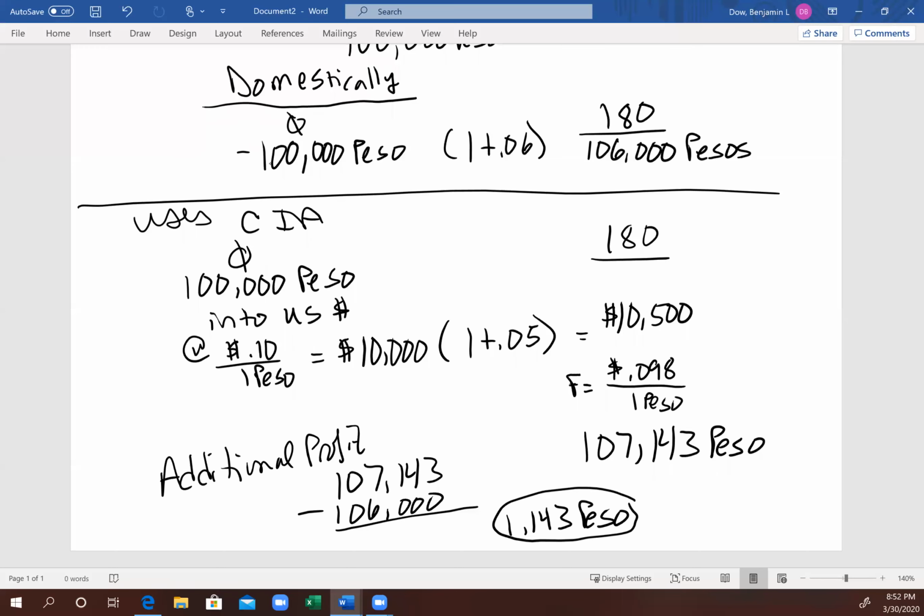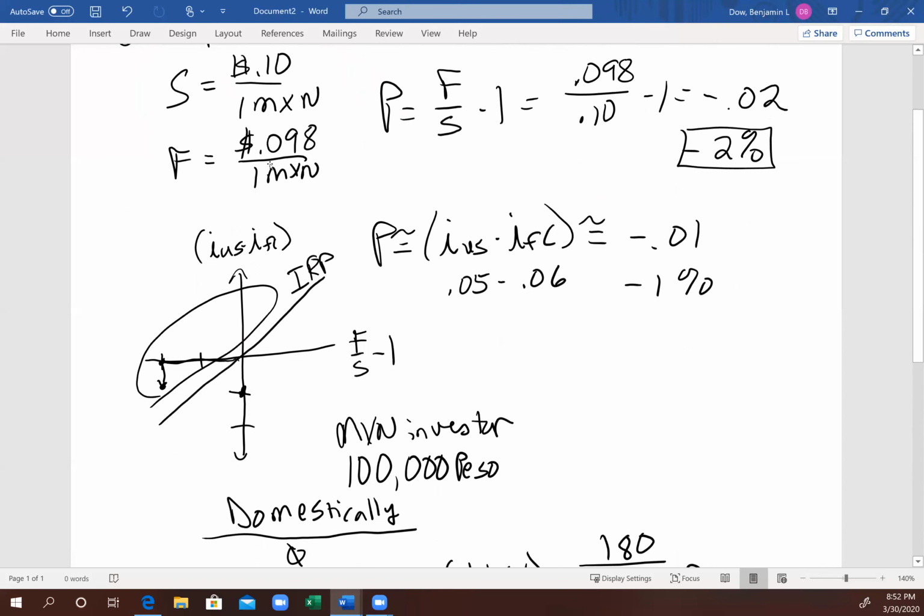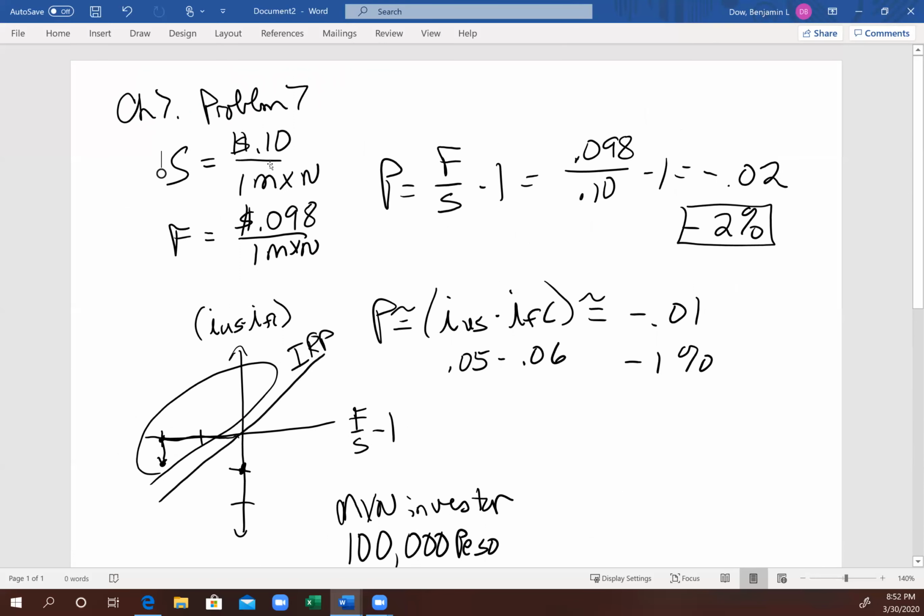You can also go back and prove that a U.S. investor would be worse off. The reason it only works in one direction is because the peso is losing 2% of its value relative to the forward rate, but the difference in interest rates is only 1%.